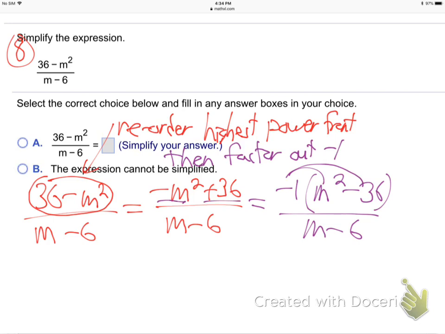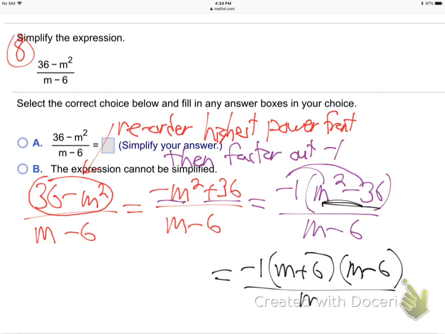Then we can factor the rest of it. What do I mean by the rest of it? Well, -1 stays in the top, and then this m squared minus 36 is m plus 6, m minus 6, all over the m minus 6 in the bottom. These cancel, so the answer is -1 times m plus 6.